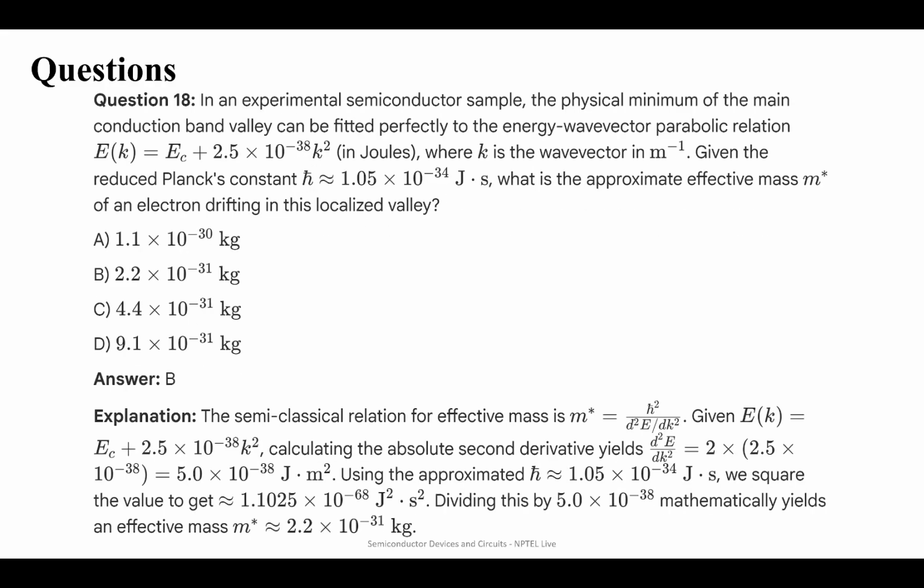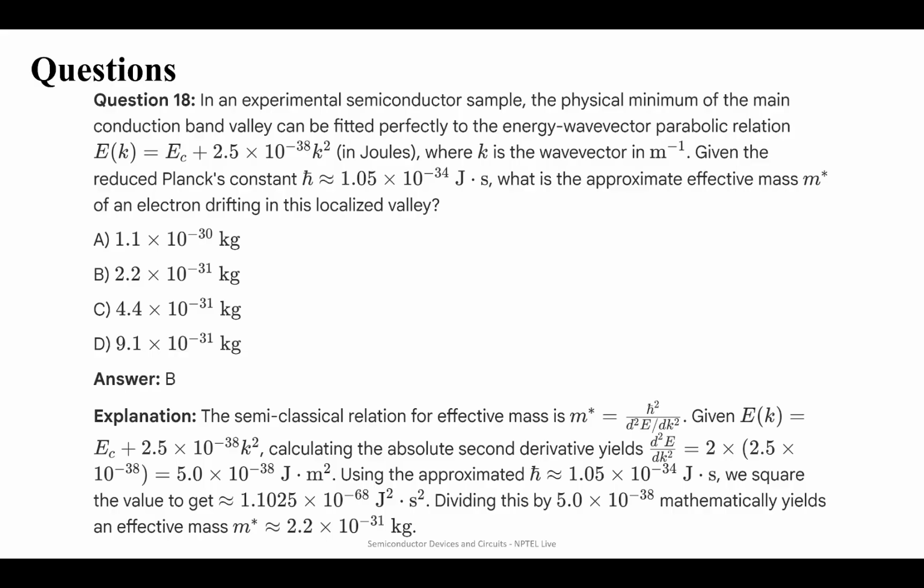So the correct answer will be B. The semi-classical relation for effective mass is m star equals h bar square divided by d square E by d k square. Given E(k) equals Ec plus 2.5 times 10 power minus 38 k square, when we take the second derivative, d square E by d k square, we get 2 times 2.5 times 10 power minus 38, which is 5 times 10 power minus 38 joule meter square.